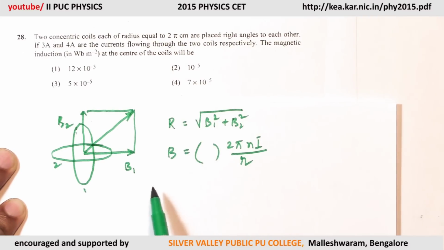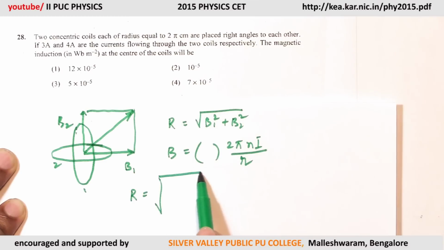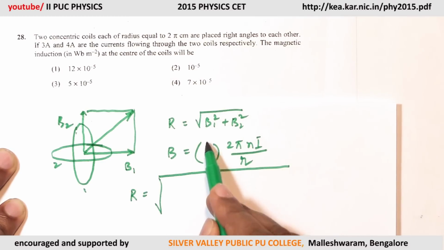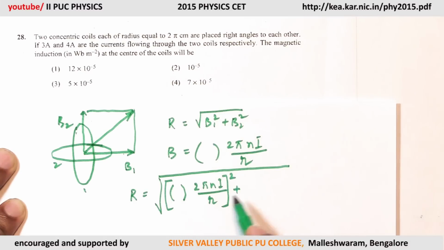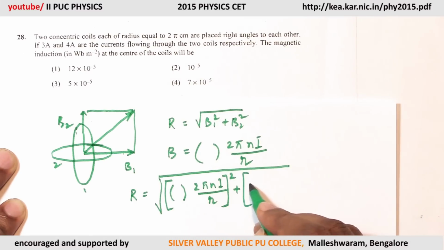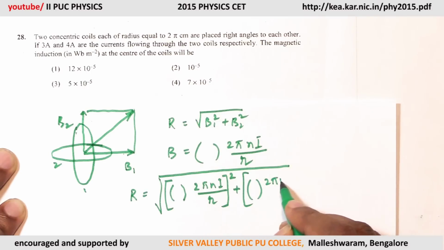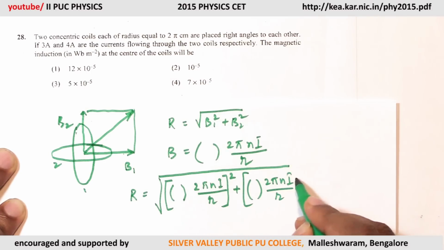So resultant field is given by root of B1 square, B1 constant square, 2 pi Ni by R its square, plus B2 square, constant 2 pi Ni by R square.